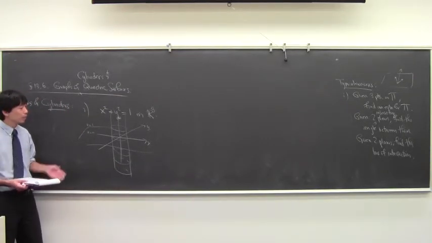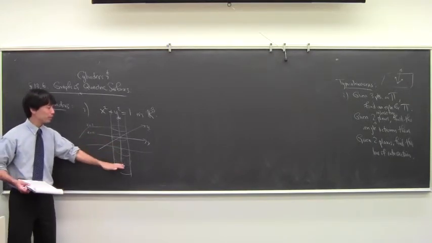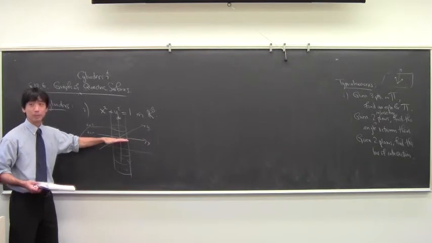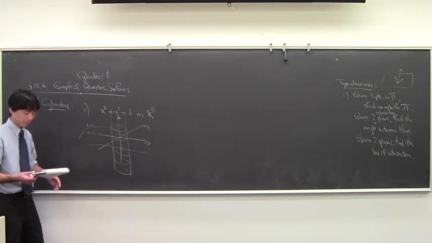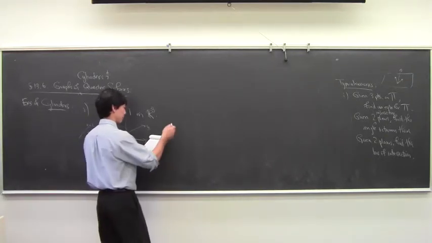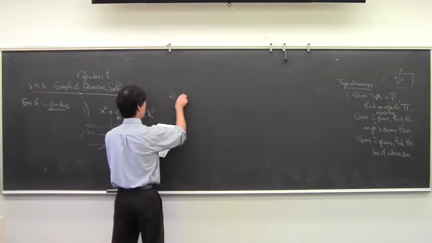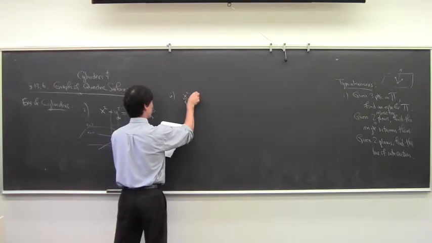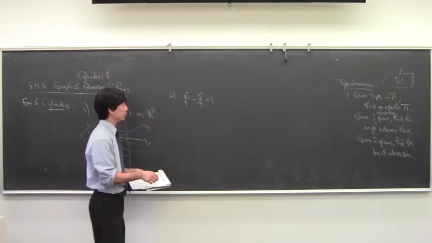Okay. When the book uses the term cylinder, they don't mean cylinder in the vernacular sense, but rather just a two-dimensional object that is extended perpendicularly, in both directions. Along the same lines, x squared over 4 plus y squared over 9 equals 1. What's this?